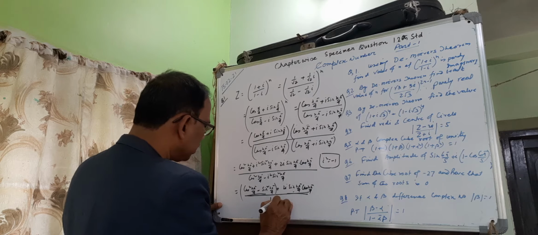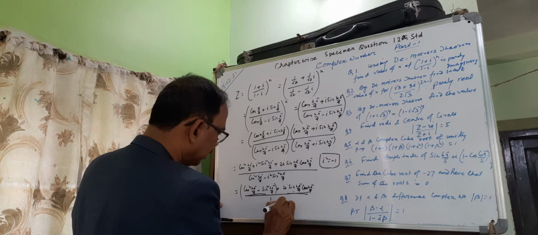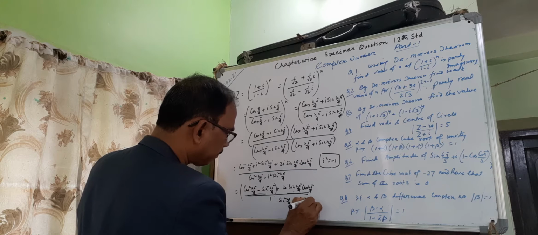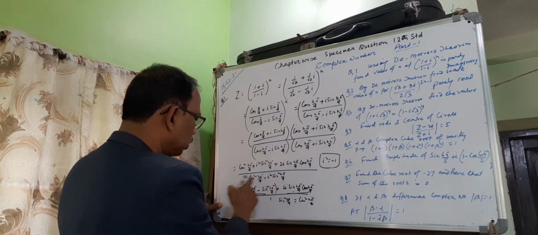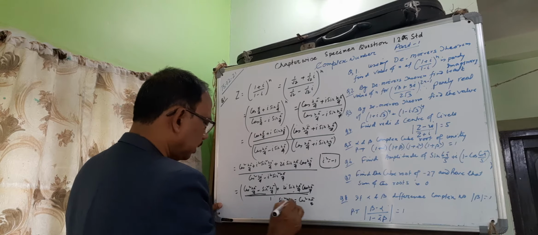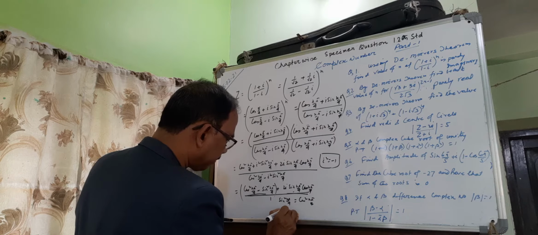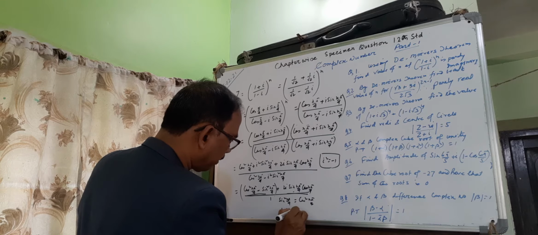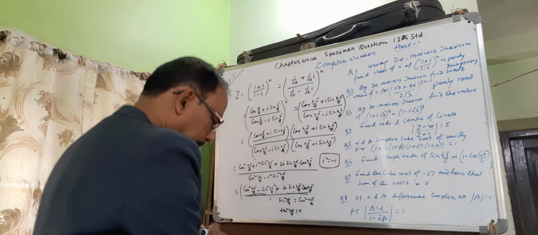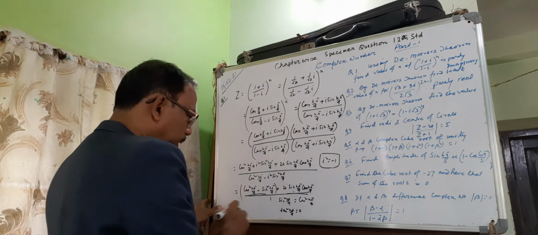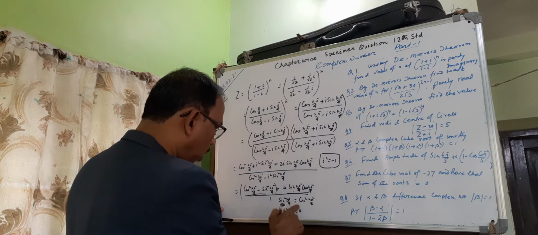As it is purely imaginary, we can write cos square n pi by 4 minus sin square n pi by 4 equals 0. That is tan square n pi by 4 equals 1.